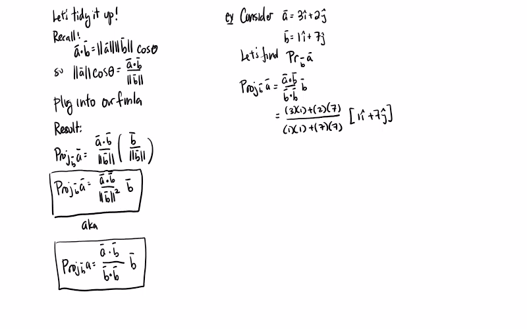The big fraction is just a scalar, and then the other part is the vector. Let's tidy this up. This is 14 plus 3, which is 17 over 50. So it's 17 over 50 i plus 119 over 50 j.